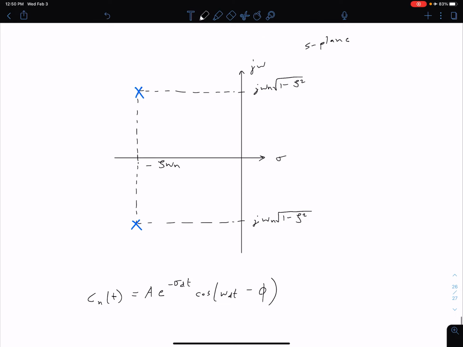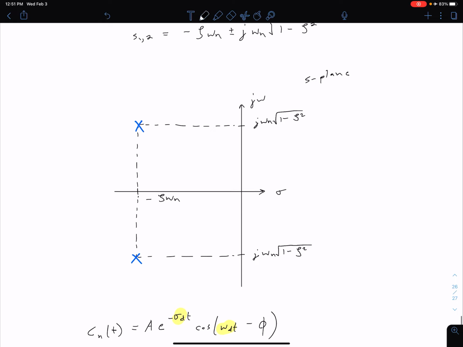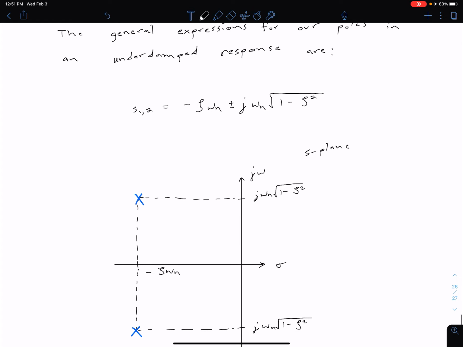And what we're going to do is relate a couple of these parameters as well to make things a little simpler in terms of evaluating changes in our parameters, peak time, settling time, and percent overshoot with regard to our pole position.